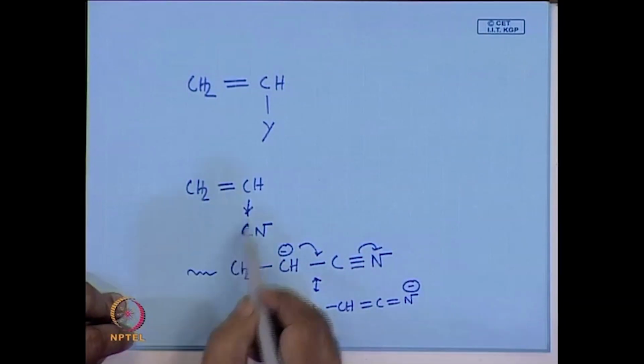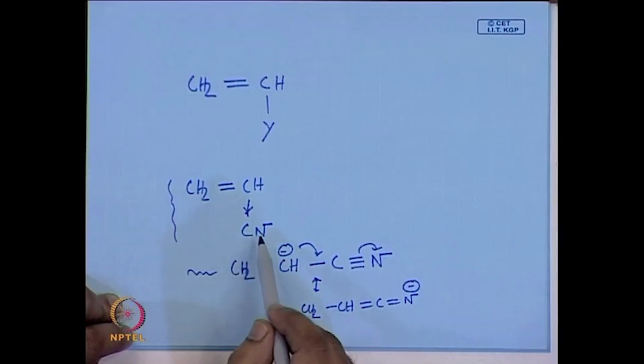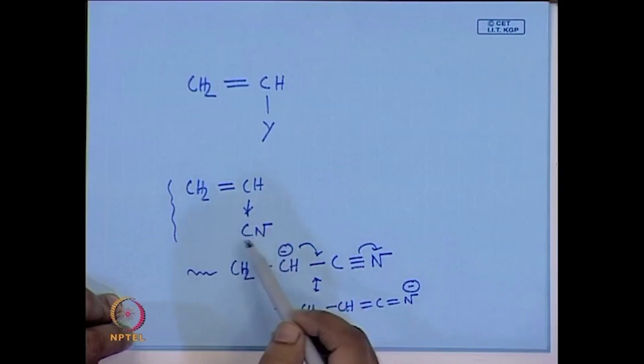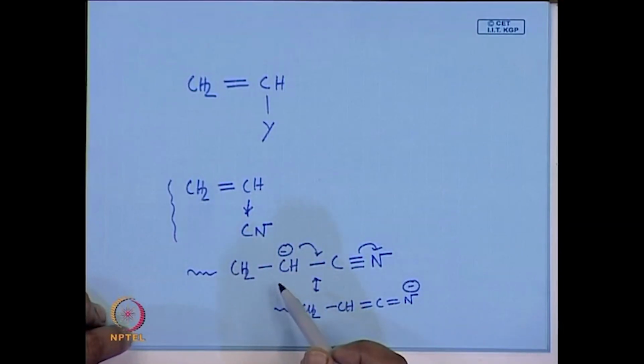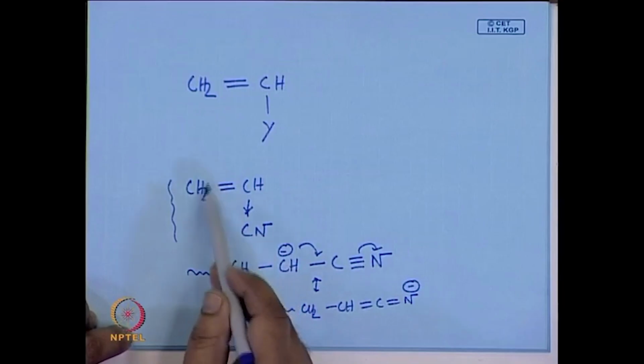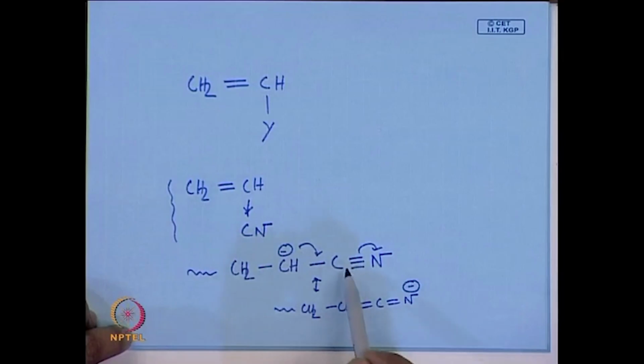So this monomer, acrylonitrile, will be very much feasible to react with an anionic initiator. So it can undergo chain polymerization by an anionic initiator, because the electron withdrawing group increases the reactivity of this double bond, and also stabilizes the reactive species formed because of the reaction of this monomer with the reactive species.